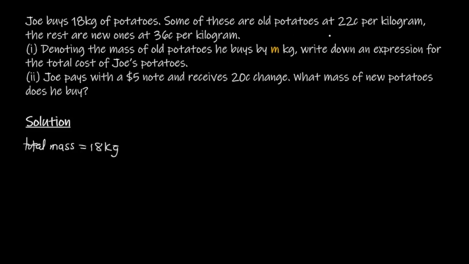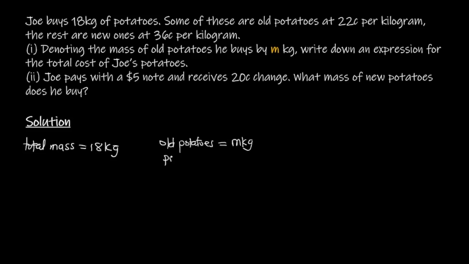Now we're told that some of these potatoes are old and they were sold at 22 cents per kilogram, and then the new ones at 36 cents per kilogram. We were also told to denote the old potatoes by m kilograms. So the old potatoes in terms of mass is equal to m kilograms.